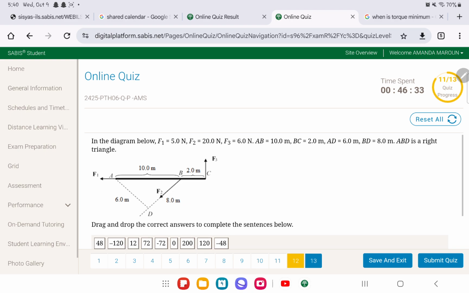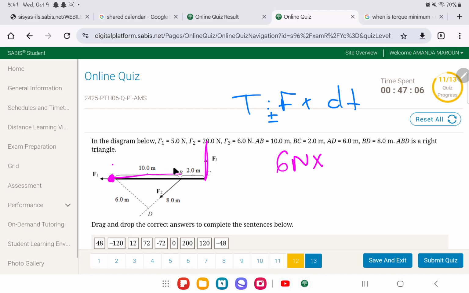Now the torque of F3. They need the torque of F3. We know the rule for torque is force times perpendicular distance, and we do not forget the plus or minus. So, first of all, what's the force of F3? It is 6 newtons multiplied by, what's the perpendicular distance between F3 and our axis A?